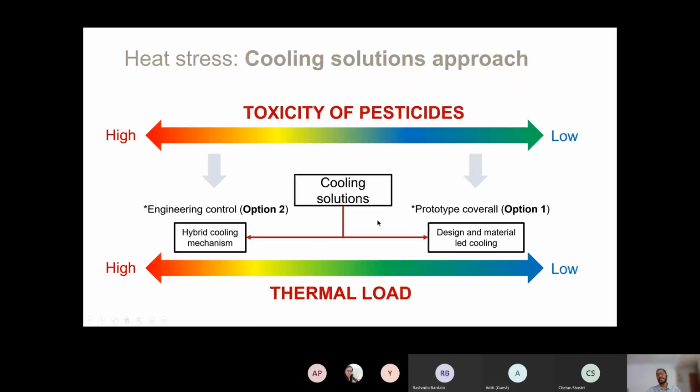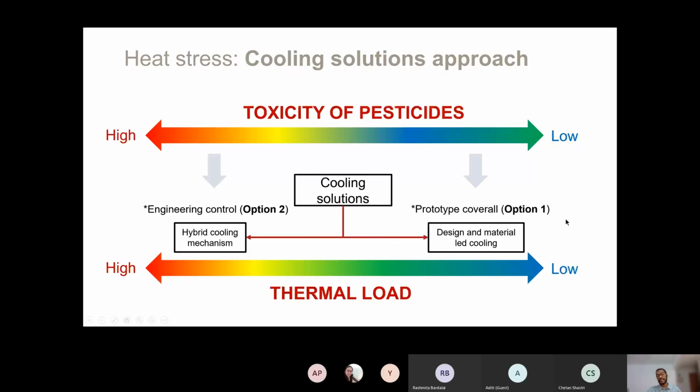So that requires cooling solutions inside the coverall so that thermal comfort can be maintained and the individual can effectively perform their activities without facing any issues of heat stress or heat fatigue. There were two directions looked into for offering cooling solutions.